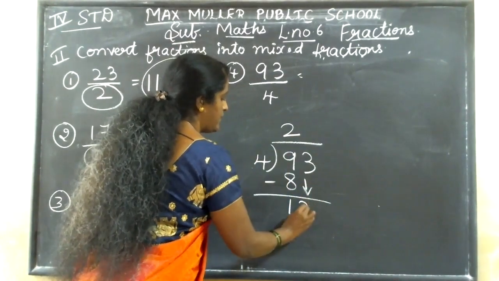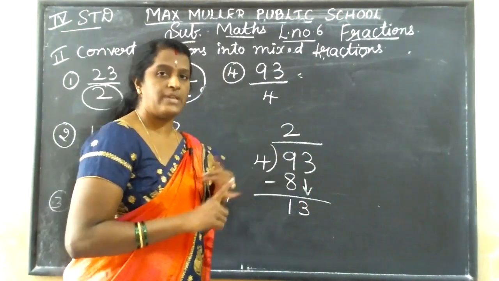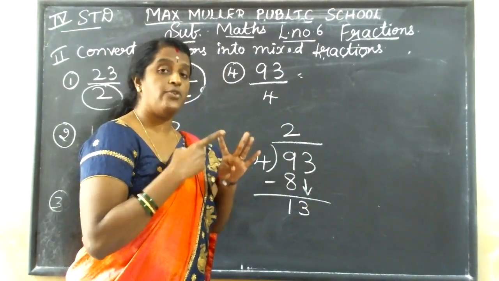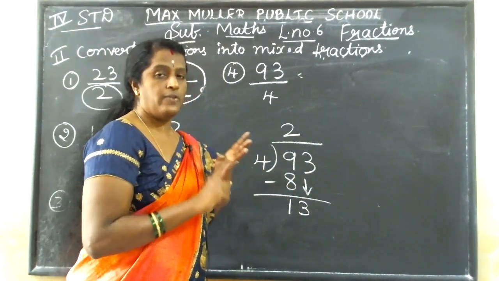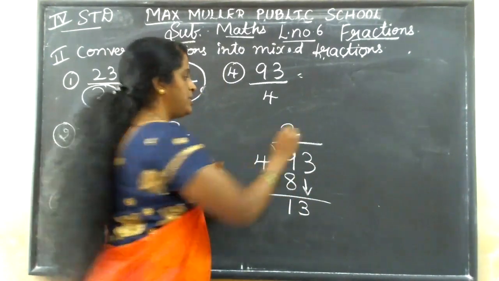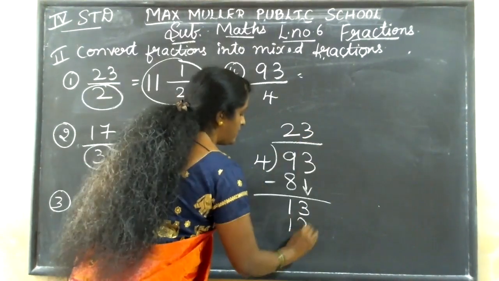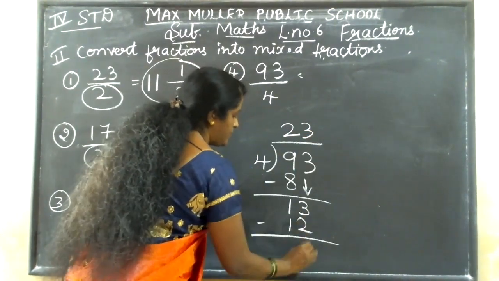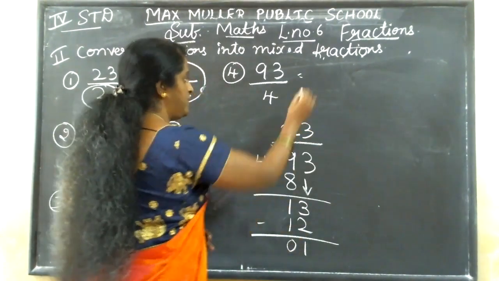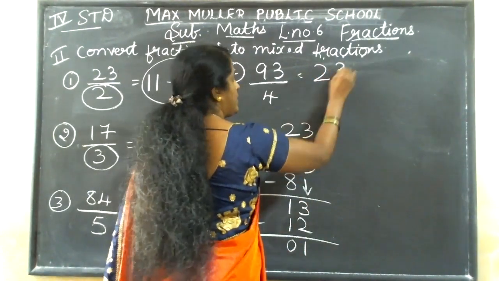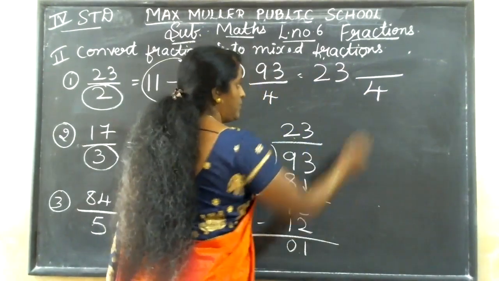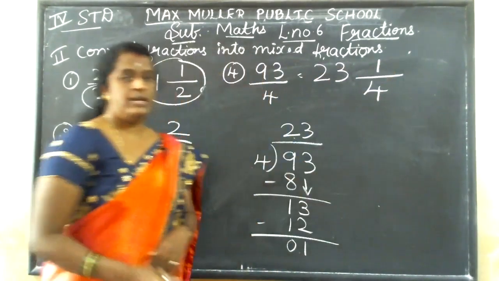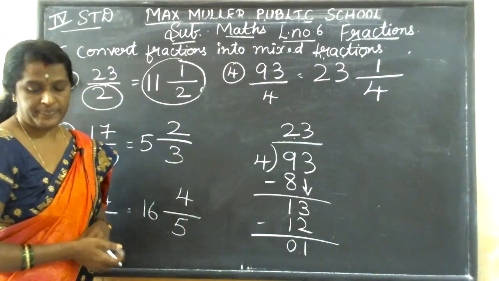Bring down 3. 4 ones are 4, 4 twos are 8, 4 threes are 12, 4 fours are 16. No, the nearest number: 4 threes are 12. 13 minus 12, 1. What should you write here? The whole number is 23. The denominator will be 4. The new numerator will be 1. Yes, children? Got it?